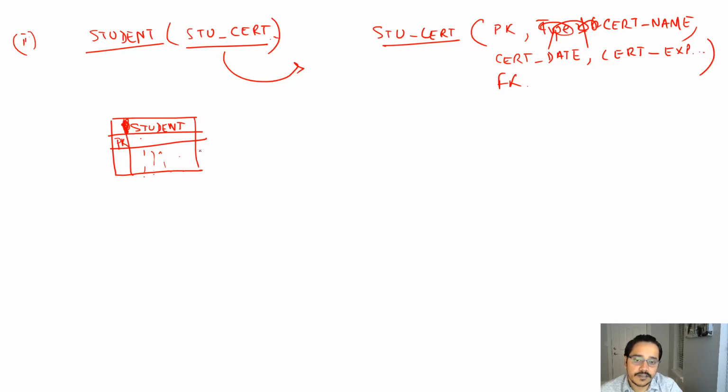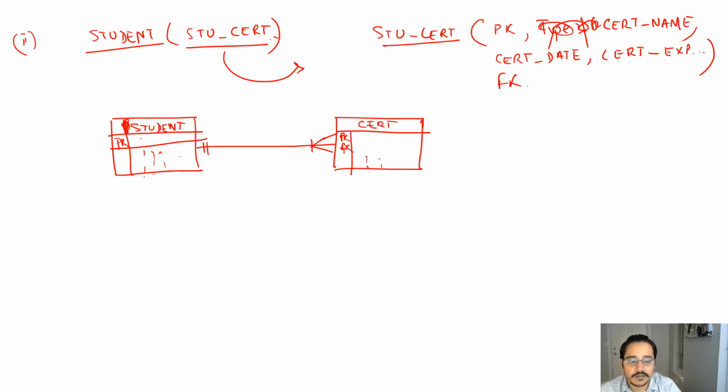So now you take this out, and since it is a multi-valued attribute, right, it is always going to be 1:m, and then we can add certificate here, create a primary key, add the foreign key of the one side in the m side, and then add any other relevant attributes for this particular entity.